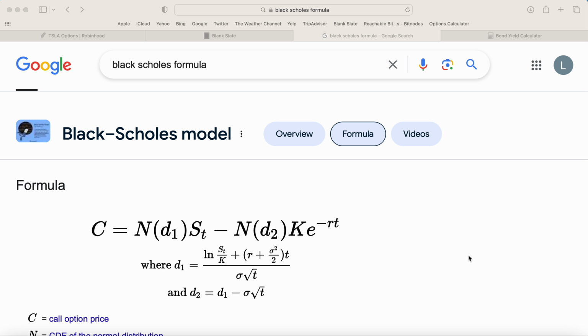Now, if you look closely, you will see that there is a term at the end of this call price model. And for those of you who are familiar with compounding interest, you will find this familiar as well. That is because this term simply is a way to discount the value of the call option to today's price.